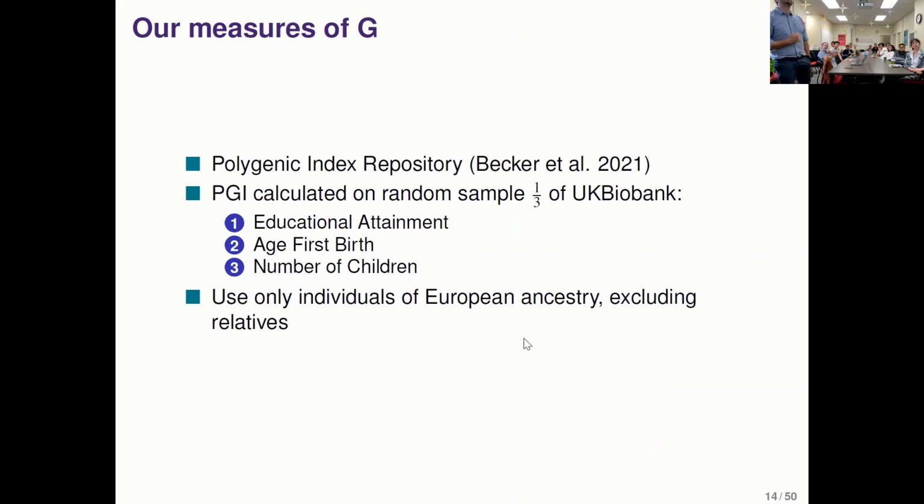For our measure of G, in this latest version of the paper, we decided to use the Polygenic Index Repository. This is an initiative from the Social Science Genetic Association, and it is brilliant because they computed polygenic scores for different cohorts based on summary statistics, excluding the cohort from the meta-analysis and so on.